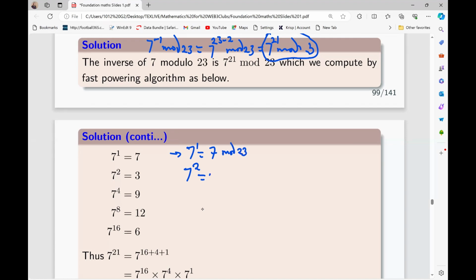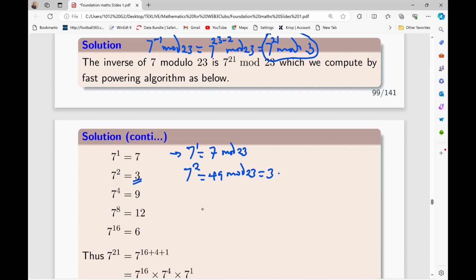So for 49 mod 23, we ask ourselves, if 23 were to go there, what will be the remainder? I can see it will go there twice because of 46, and therefore the remainder is 3. That is what I wrote here.